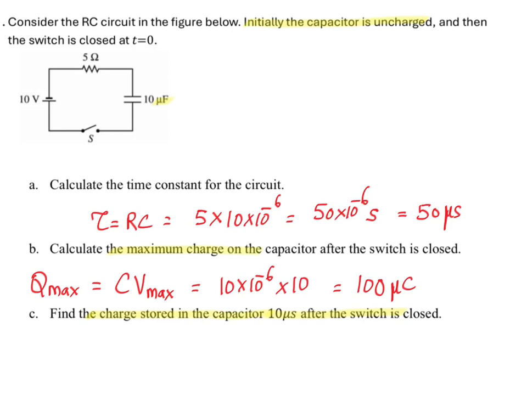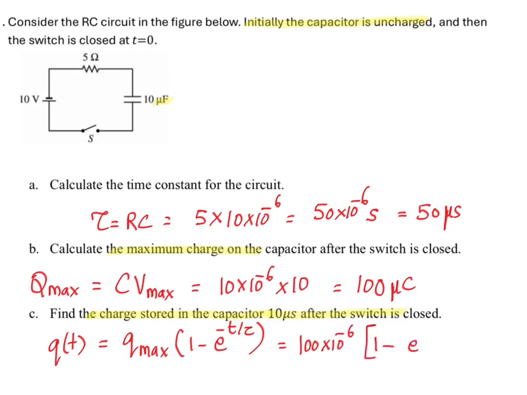Find the charge stored in capacitor 10 microseconds after the switch is closed. So now we have to use Q(t) equals Q max times bracket 1 minus e to the power of negative t over tau, because it's asking us to find the charge at a particular time. All the numbers we know, only we have to find the charge at the given time.